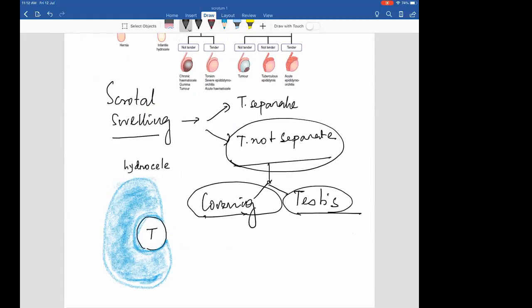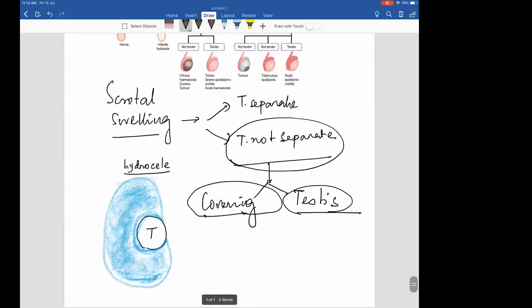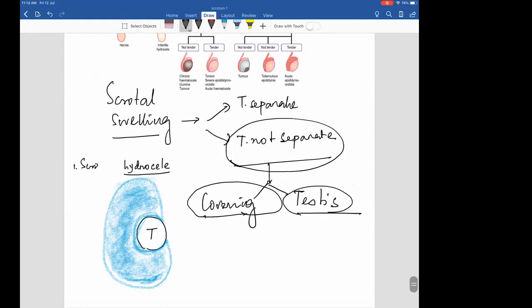What is the particular point about a hydrocele? Again, scrotal swellings. Point number two to remember is that these swellings, apart from being scrotal swellings, have a testes that is not palpable separately.